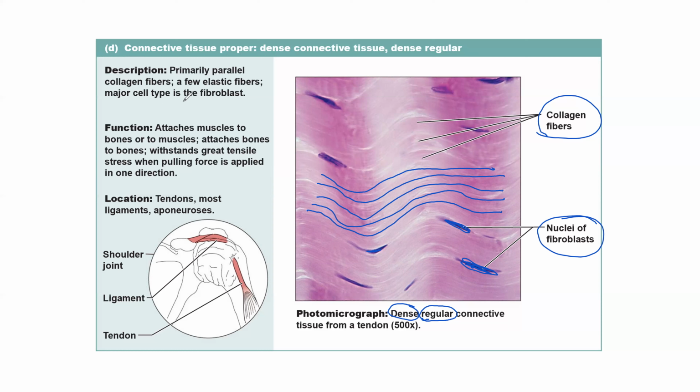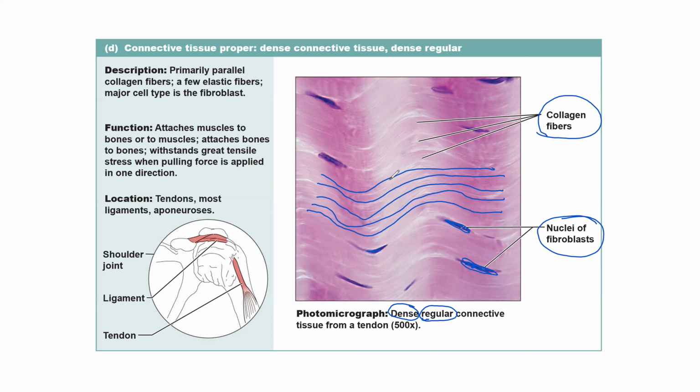Major cell type is the fibroblast. Function: attaches muscles to bones or to muscles, attaches bones to bones. This strengthens against great tensile stress when pulling force is applied in one direction.